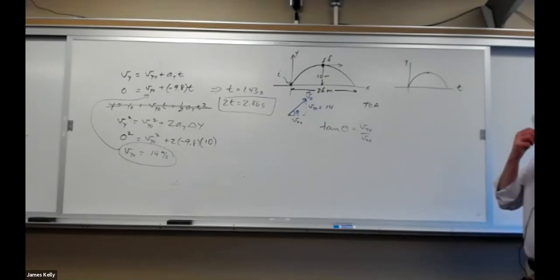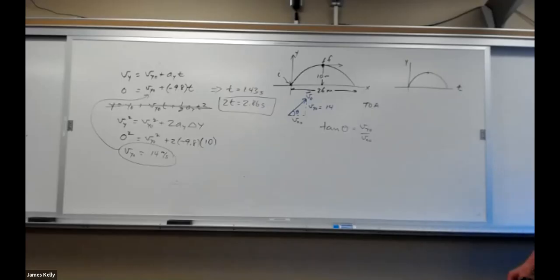Yes. Can you not just use the displacement for the X and Y components? You're going to need to elaborate on that a little bit more. So you're using V of X and V of Y to solve for the angle. Why can't you use delta X and delta Y to solve for the angle?